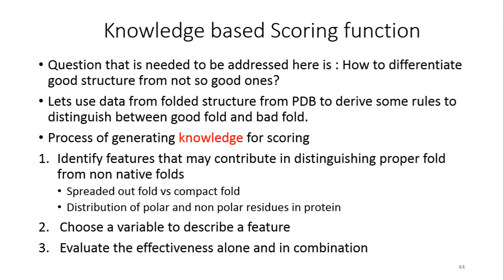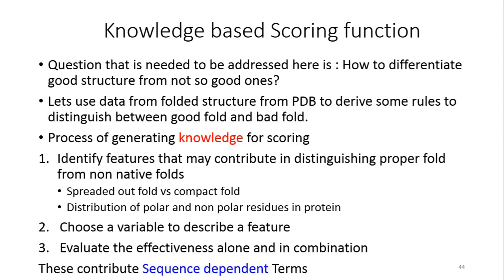Okay, so all of these features, like hydrogen bonding and amino acid residue distribution, contribute sequence dependent terms. Why? Because these features are controlled by the sequence of amino acid residues present in your protein.